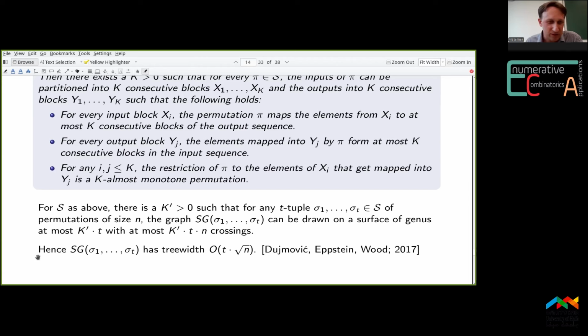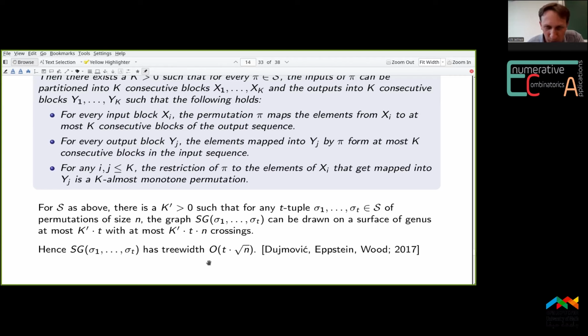And now this little word "hence" here is hiding several decades of research by graph theorists who studied, of course, this question of what structure in your graph gives you a guarantee of not too great tree width.